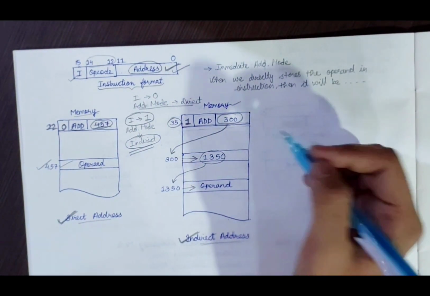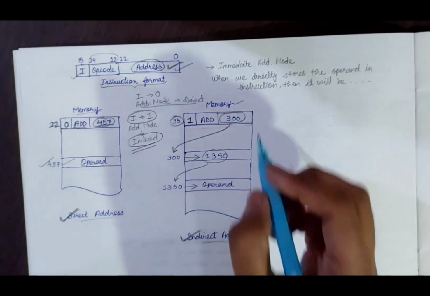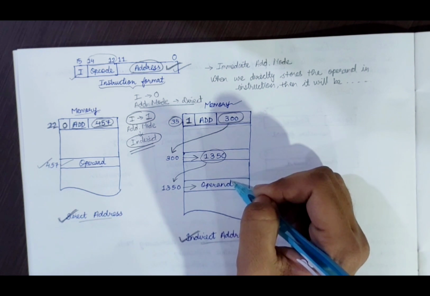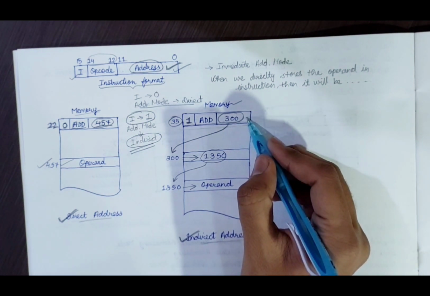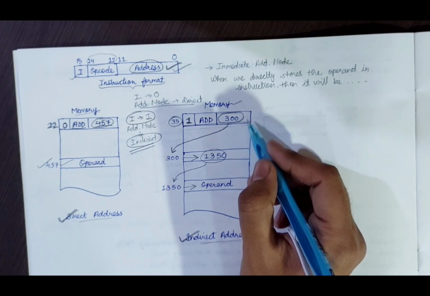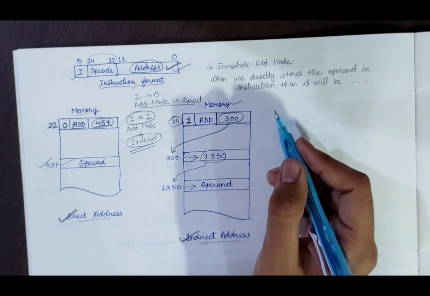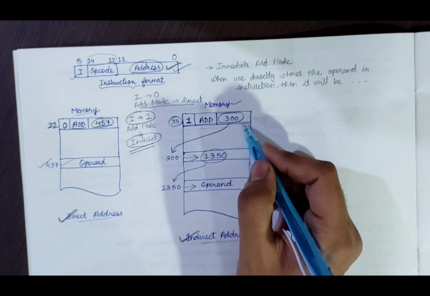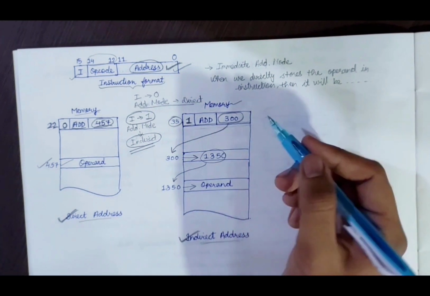In this way, in indirect addressing mode, the effective address is not given in the address field, but rather the address where the effective address is stored is given in the instruction.